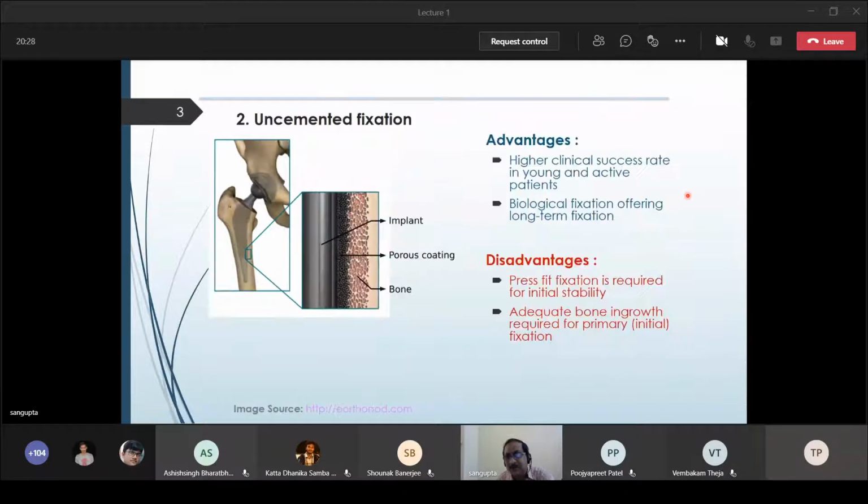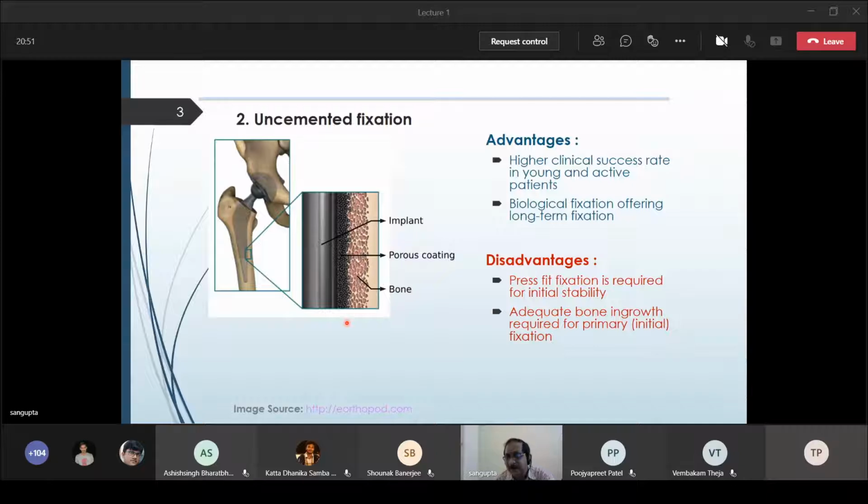But once you have an initial fixation, once you have some amount of bone ingrowth, and that can offer you primary fixation, with time this type of fixation or interface is a better alternative than the cemented variety.